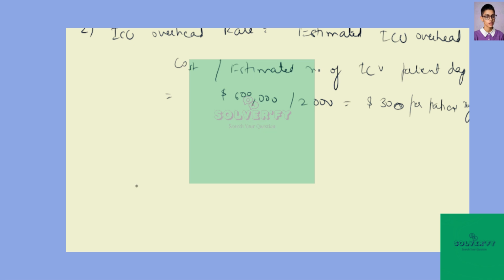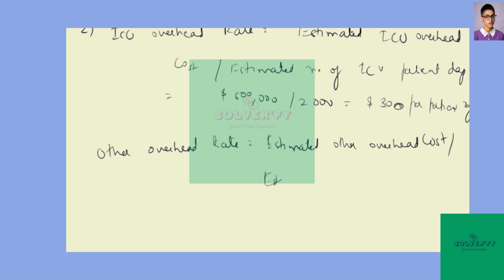Other overhead rate equals estimated other overhead cost divided by estimated other patient days.